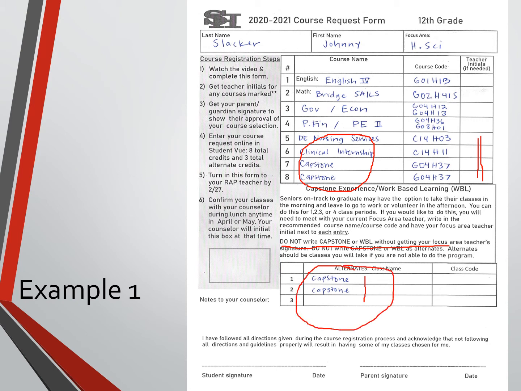Therefore, this student's not going to be happy with their schedule their senior year, but because they didn't follow directions, looks like Johnny isn't getting what he wants his senior year, and as counselors, we will not be changing Johnny's schedule. So be sure that you follow all directions.